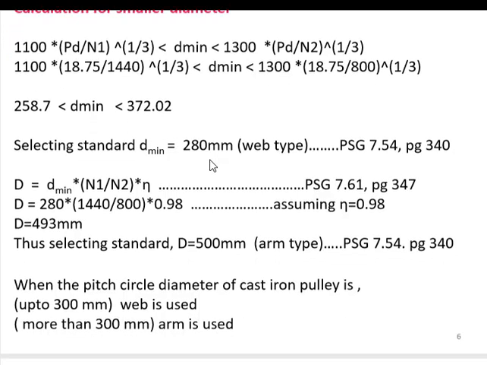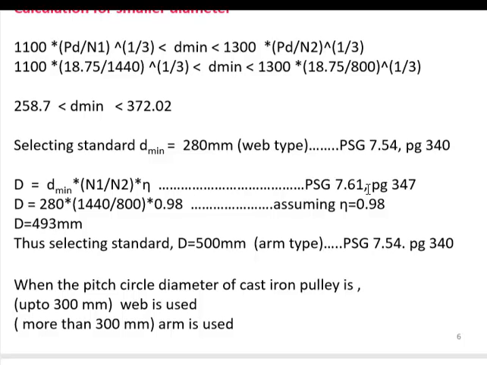But as we know, we have a habit of selecting standard diameters of the pulley. So from page number 7.54, the standard diameter is 280 mm. Now, once we have selected the standard diameter, we are interested to find out the diameter of the bigger pulley, that is D. Capital D is given by this formula, and this formula appears in page number 7.61.